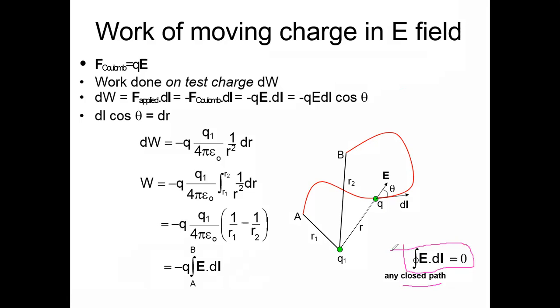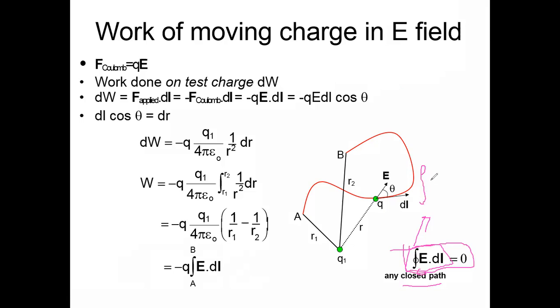Now if this is a line integral, and I use the Stokes theorem in place of E dot dl over a closed path, what can I write? Del cross E.